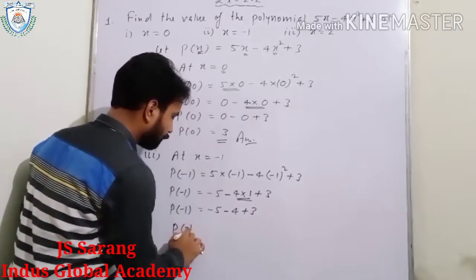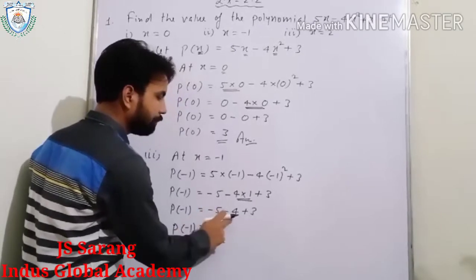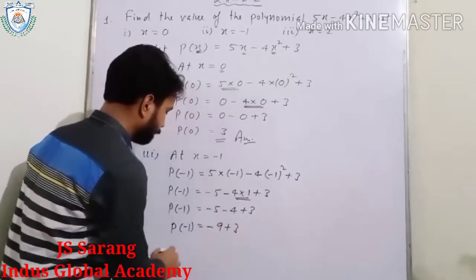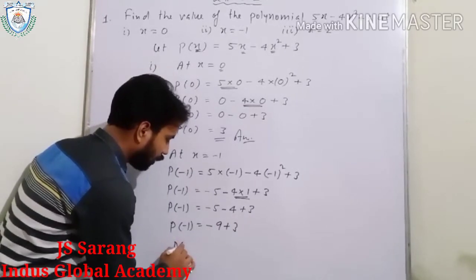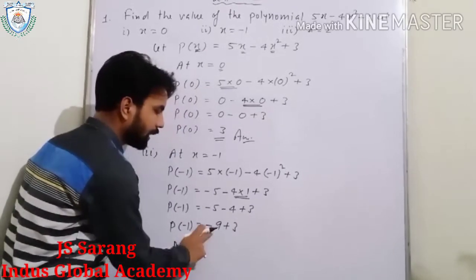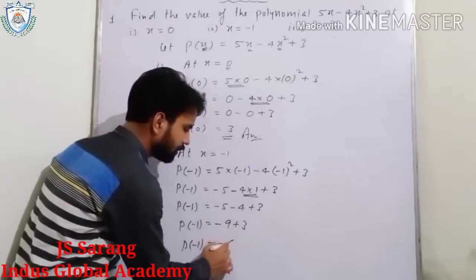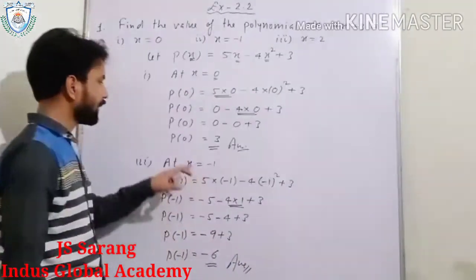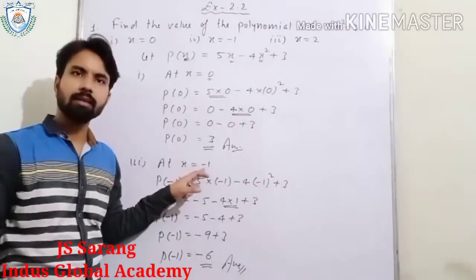So p of minus 1 equal to minus 5 minus 4, that is minus 9 plus 3. So p of minus 1 equal to minus 9 plus 3, that is minus 6. So this is the value of given polynomial at x equal to minus 1.